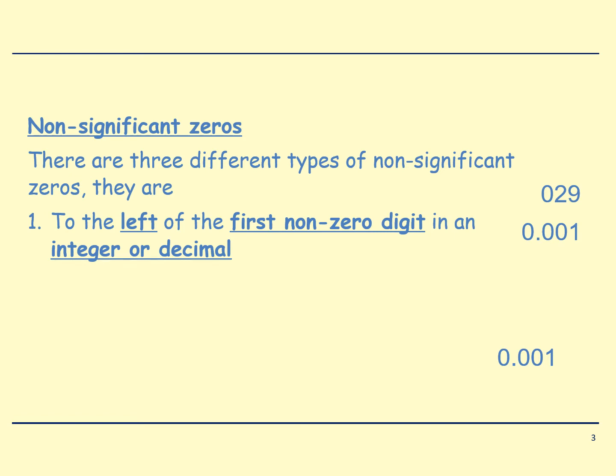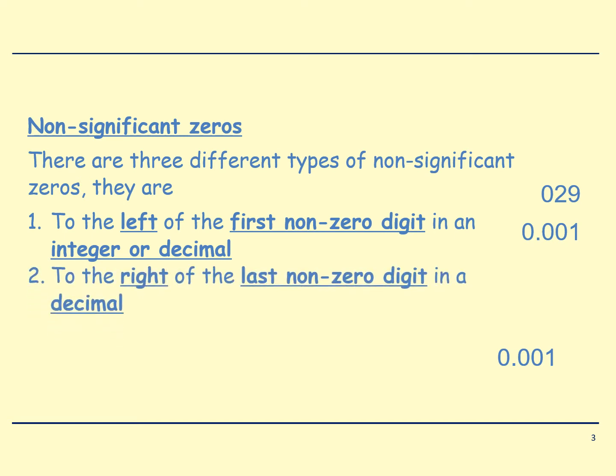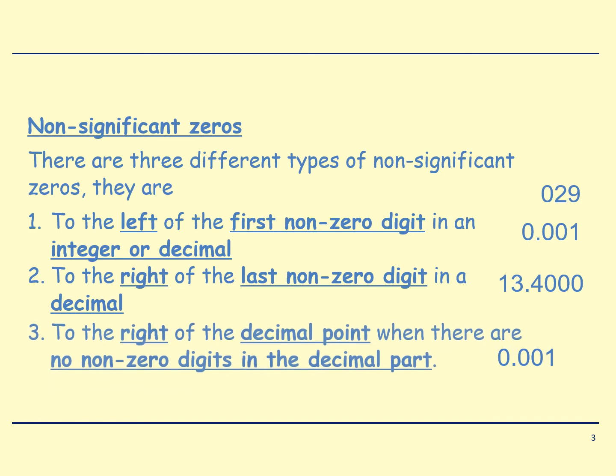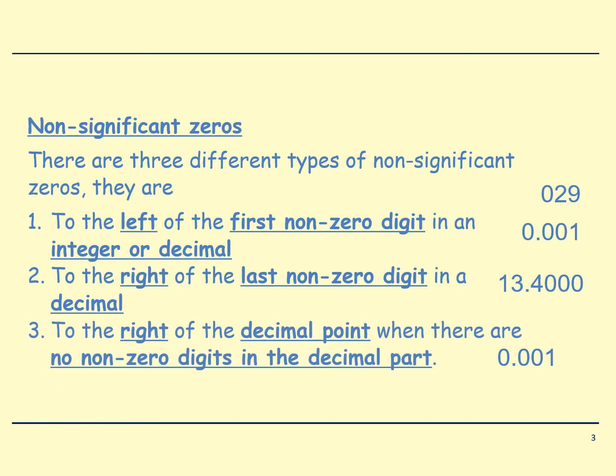To the right of the last non-zero digit in a decimal, so 13.4000, we don't need those 3 zeros after the 4, so they're not significant. To the right of the decimal point, where there are no non-zeros in the decimal, so those 2 zeros in front of that 1 are non-significant, just like in the example of question 1.